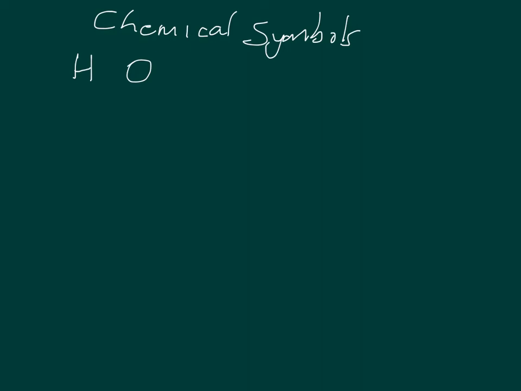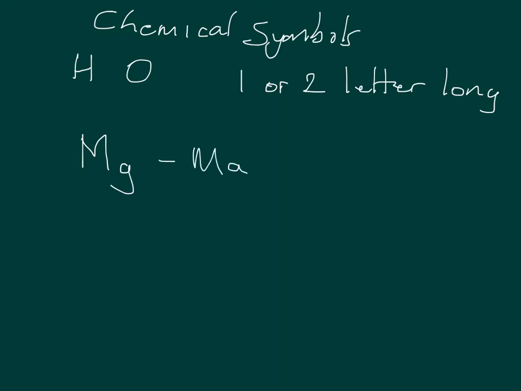And chemical symbols are usually 1 or 2 letters long. Every chemical symbol starts with a capital letter, and the second letter is written in lowercase. So, for example, Mg, capital M, small g, is the correct symbol for magnesium.